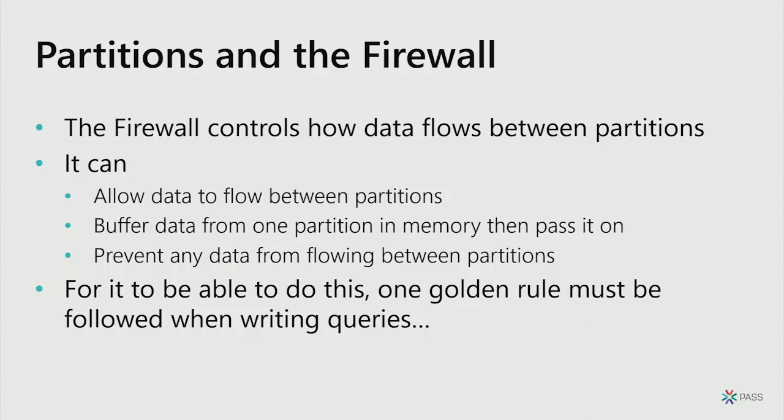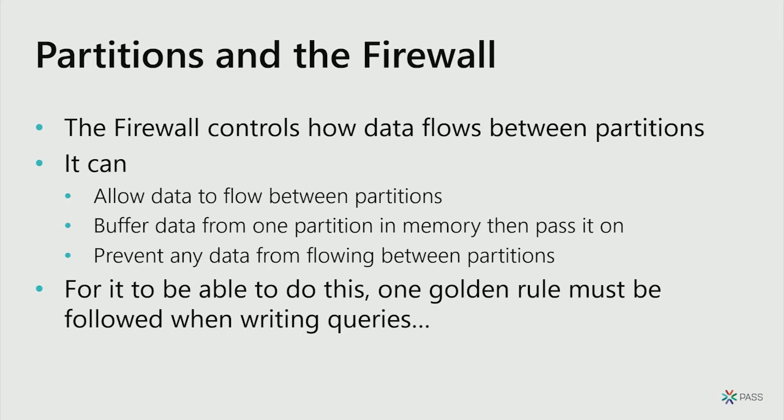Now, imagining these 3 partitions, there is something called the firewall inside Power Query. Whenever you've got groups of partitions and data needs to flow between them, that data has to go through the firewall. And the firewall, when data goes from one partition to another, has a choice about what it can do.